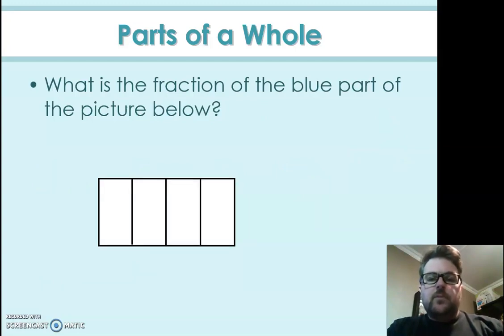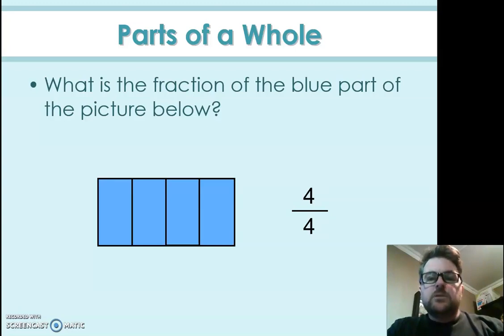Parts of a whole. What fraction of the shape below is shaded? The first one would be 1/4, then 2/4, then 3/4, and then 4/4.